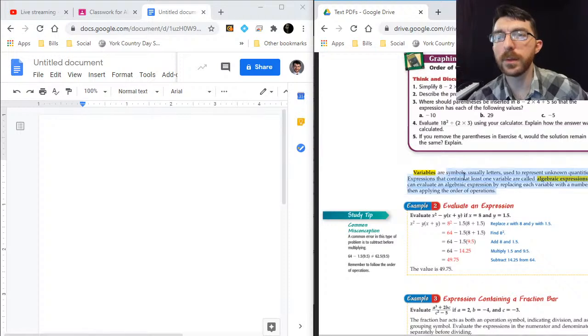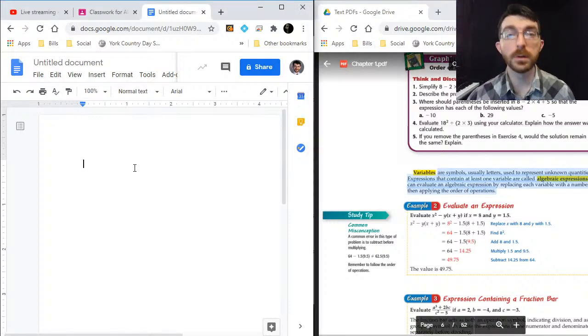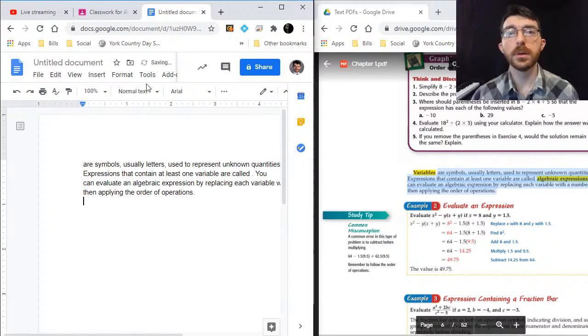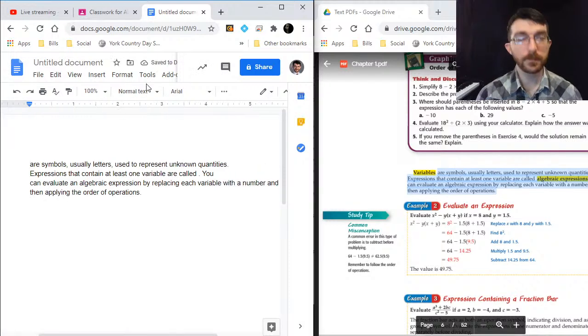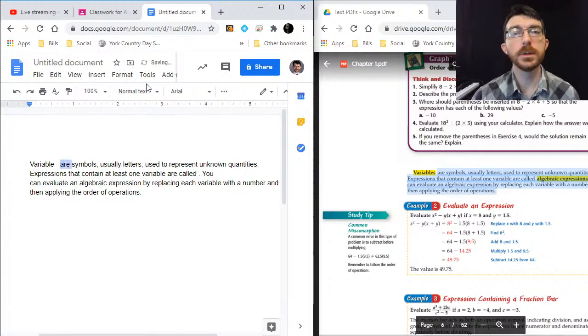Why won't you let me do it? There we go. Oh, I see. Those are images. Okay. Variable. I guess I should say variables, because the definition is plural, so I'll make the term plural. And quantities.